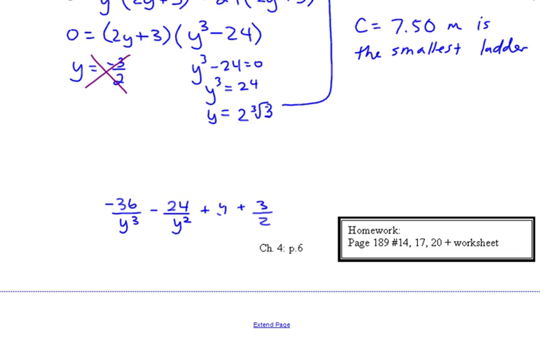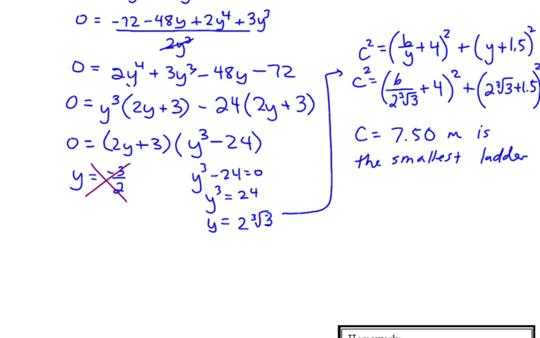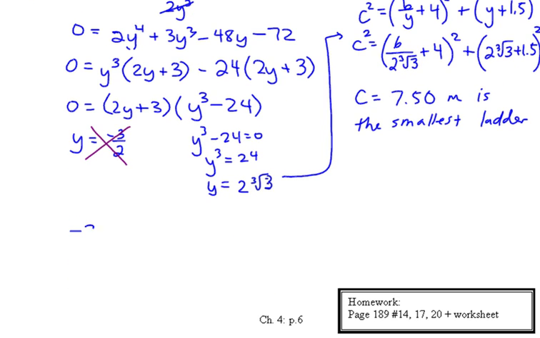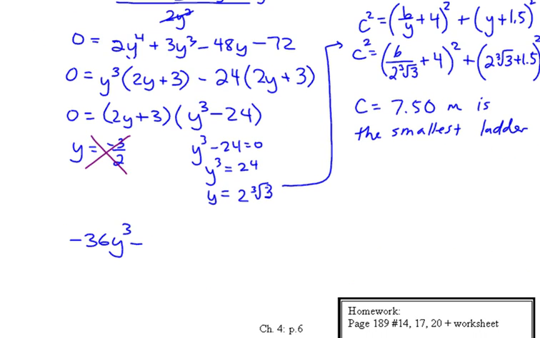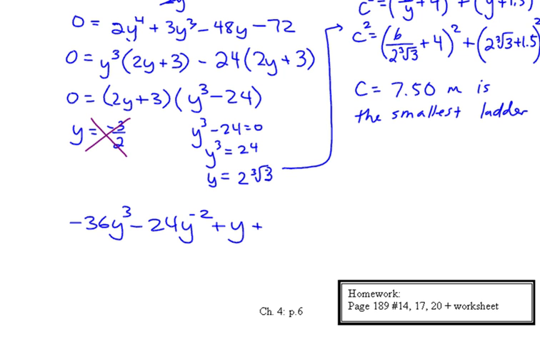So when we were factoring this, it was before that. When we were at 36y cubed minus 24y to the negative 2 plus y plus 3 over 2.